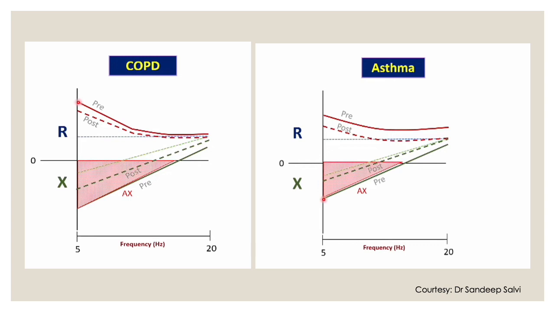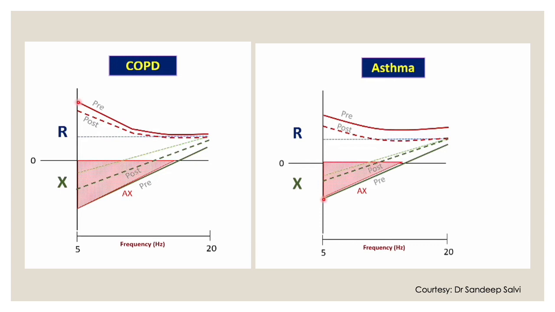In COPD, we all know that small airways are affected predominantly. So this typically shows how the small airways are affected more as compared to the large airways. And the area under the reactance and the resonant frequency are increased.